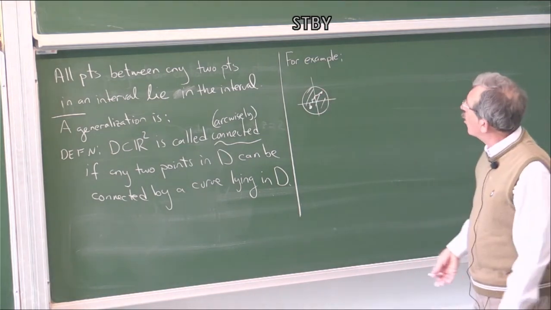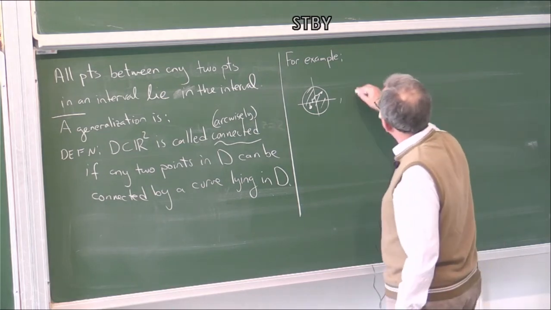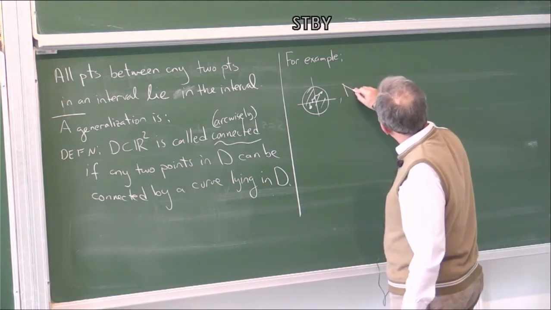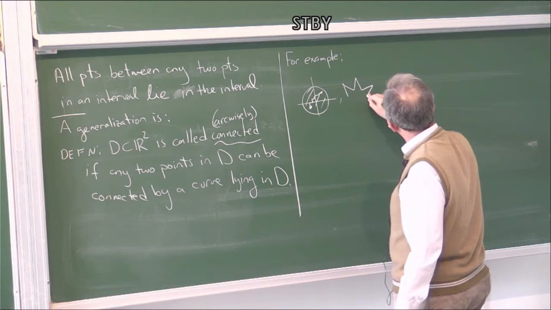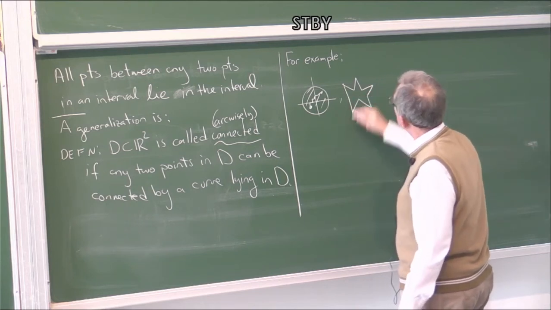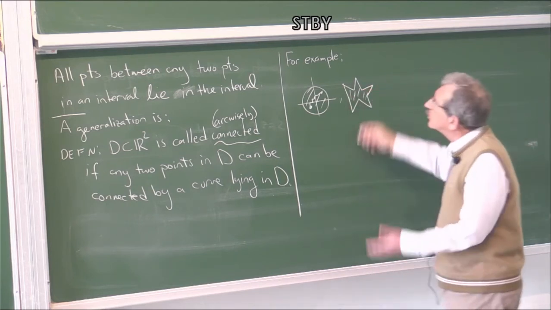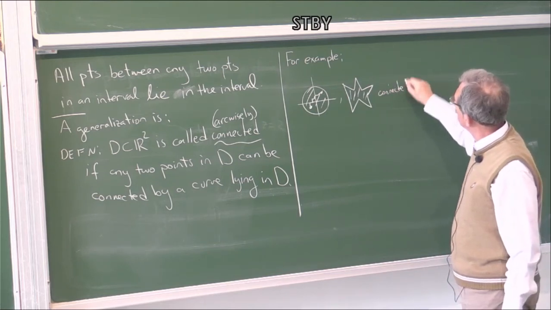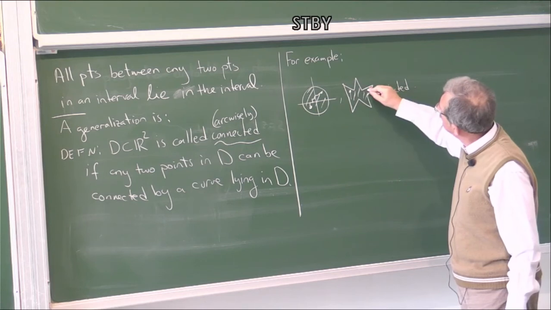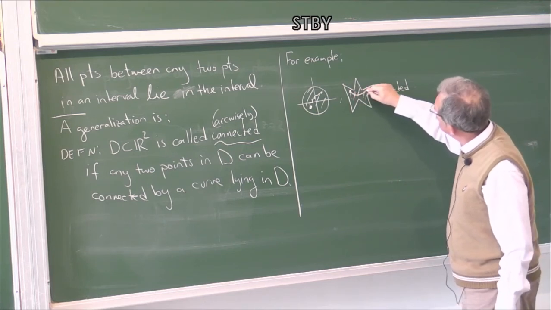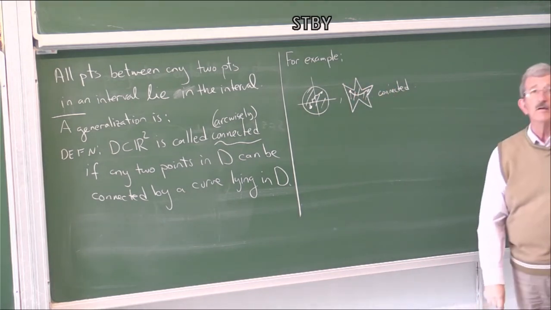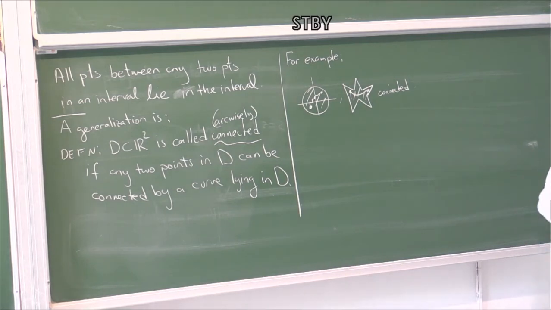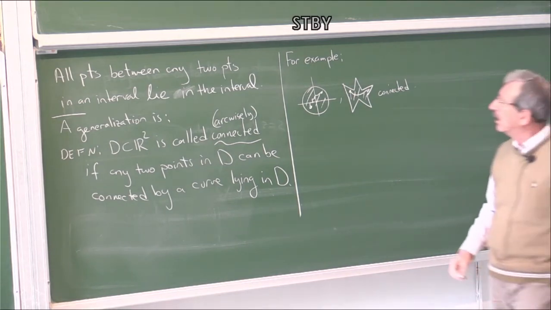Or, for example, a star-shaped region is connected, because any 2 points can be joined by a curve inside the set.